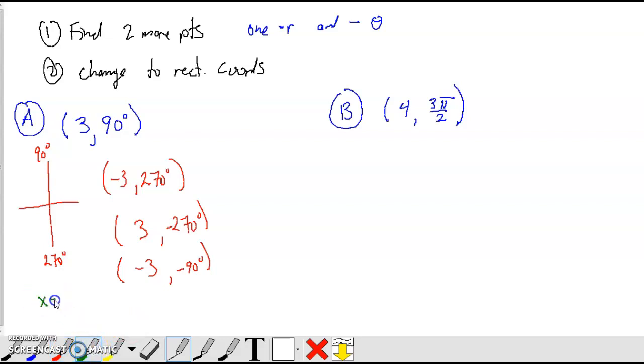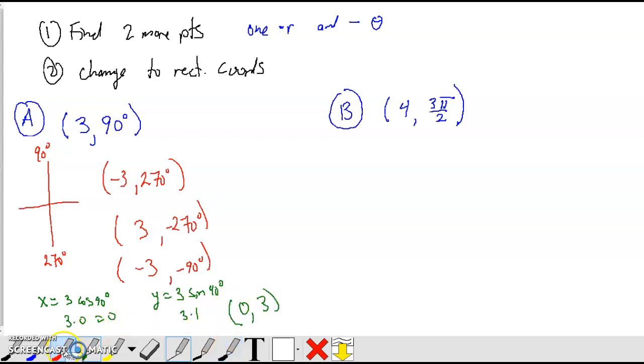So x is equal to 3 cosine of 90 degrees. So 3 times 0, so that's just going to be equal to 0. Y is equal to 3 sine of 90 degrees. So 3 times 1. All right, so that means my rectangular coordinates will be my x, so 0, comma 3.